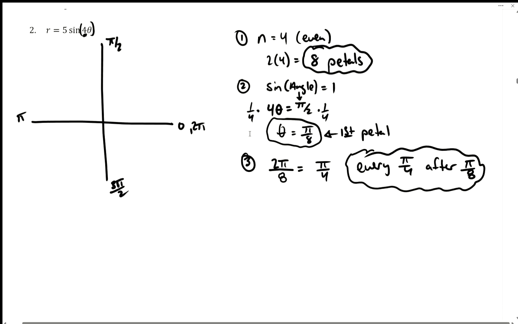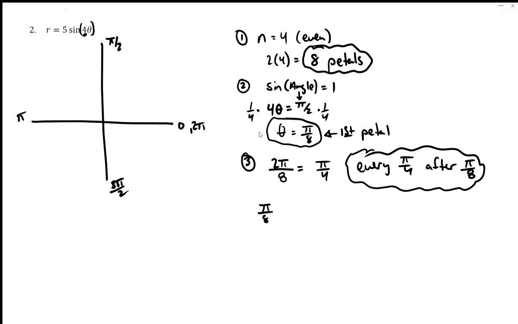Let's get our scratch work going. We're starting at pi eighths as the first petal, and then we add pi quarters to it. We need a common denominator. Pi eighths plus 2 pi eighths is 3 pi eighths. This is where the second petal is.